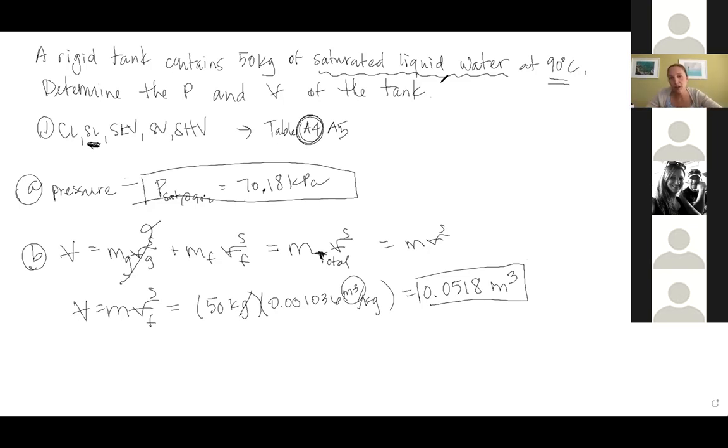Sometimes you'll only be given a rigid tank contains 50 kilograms of saturated liquid vapor, 1.2 kilograms is water, whatever. And so then you can't do this in the same way because right now our entire specific volume is from this saturated liquid water. But if we had some vapor in here, we couldn't use this specific volume.